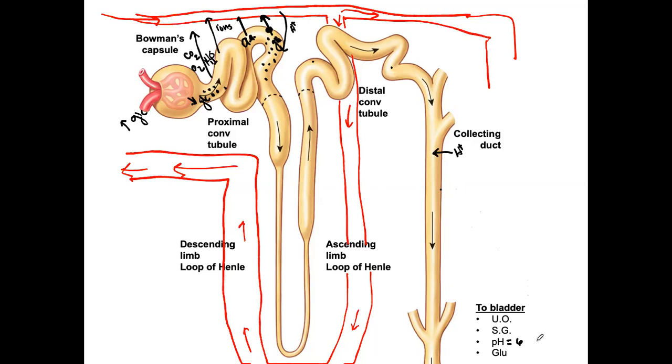So you're kicking out protons. You're actually reabsorbing bicarbonate here, HCO3. So this goes with the proximal convoluted tubule. And you are synthesizing bicarbonate here. You're not reabsorbing it, you're actually synthesizing it.